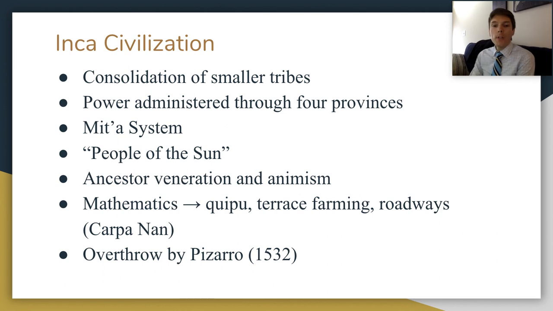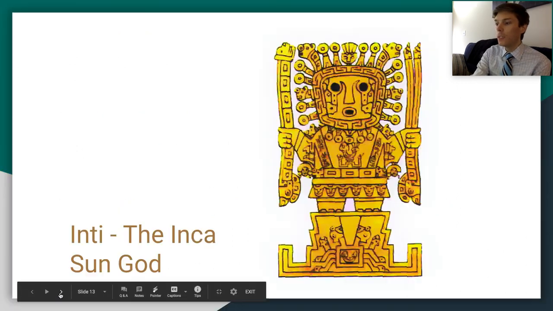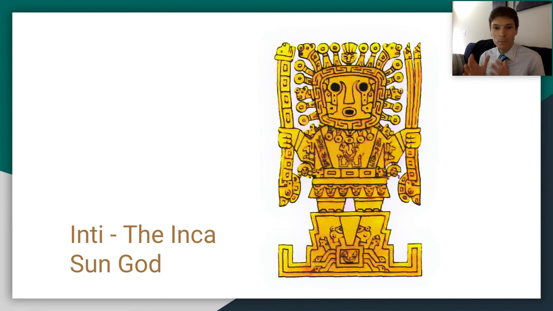The Inca were known as people of the sun, and Inti, the sun god, was the most important of the Incan gods. They were polytheistic, like the other civilizations we've talked about. But Inca rulers were considered to be Inti's representative on Earth. And so, as critical elements in Incan religion, honoring the sun and royal ancestor veneration, the Temple of the Sun in Cusco was really the core of their religion.